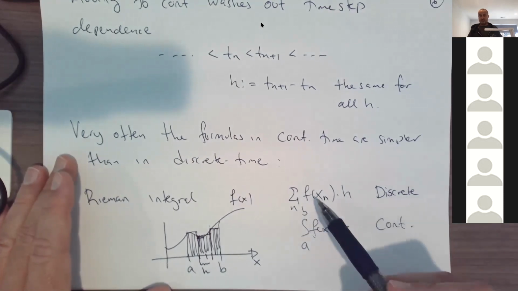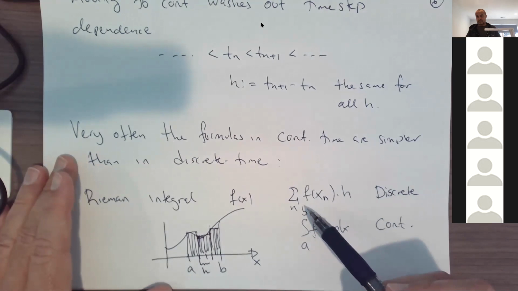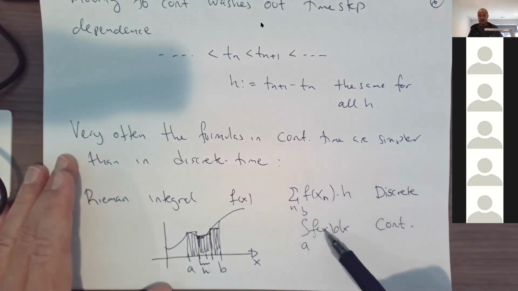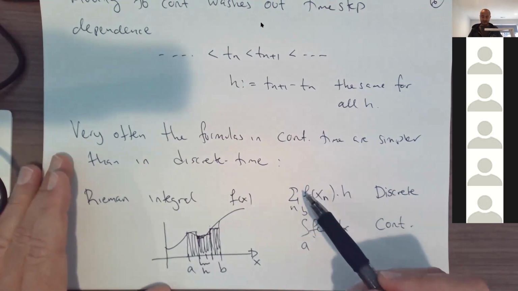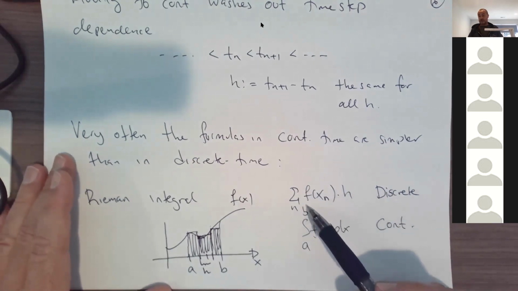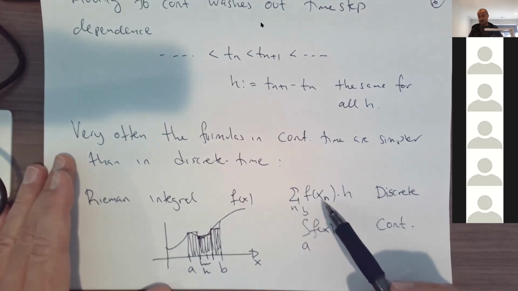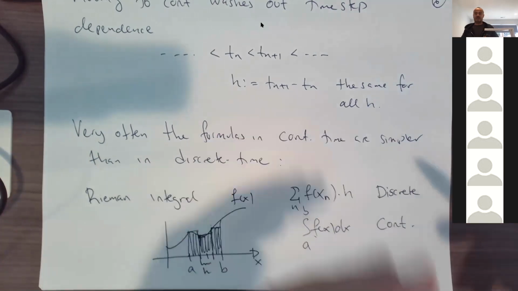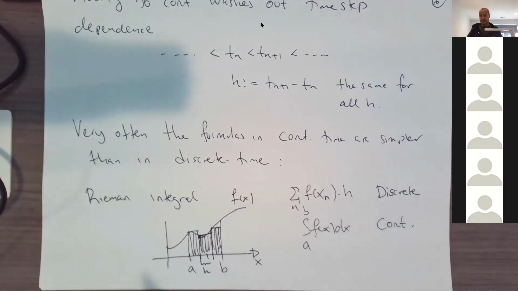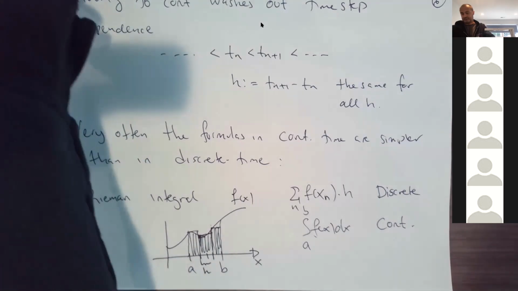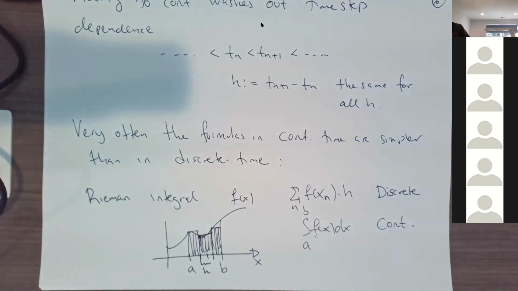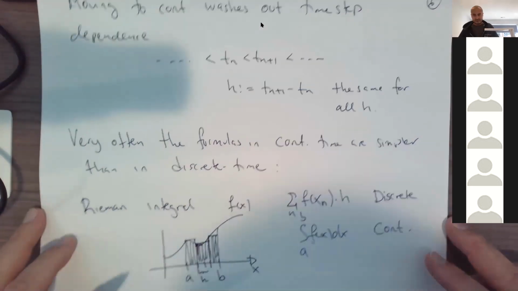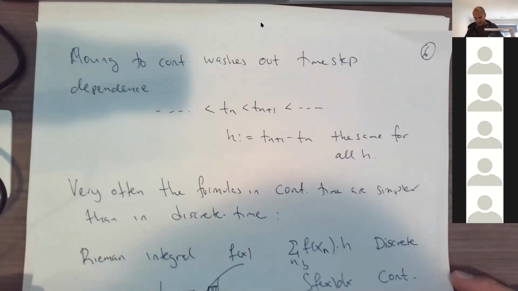For example, if f is the exponential function, I'm going to get a very nice integral down here, whereas sums of exponentials are quite complicated. So the continuous time limit simplifies.